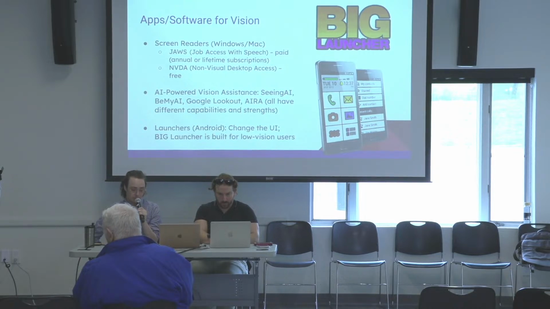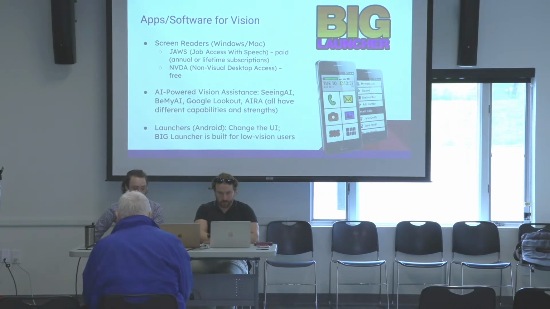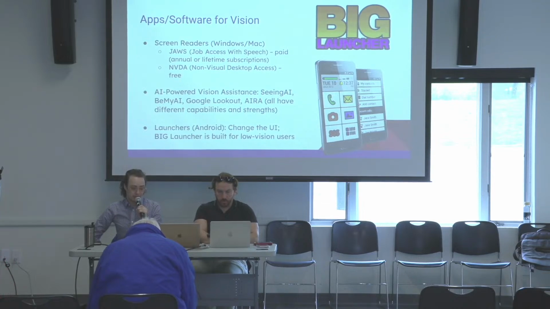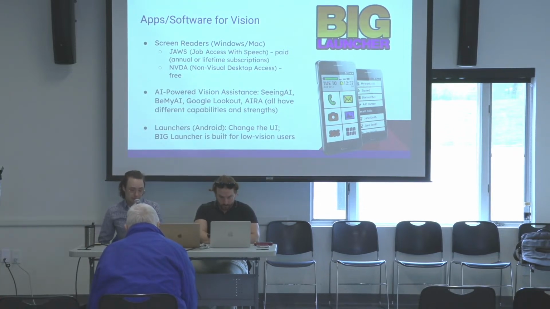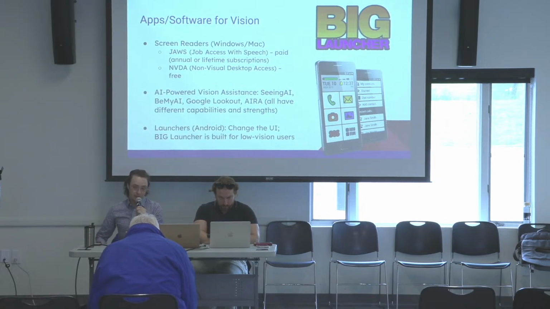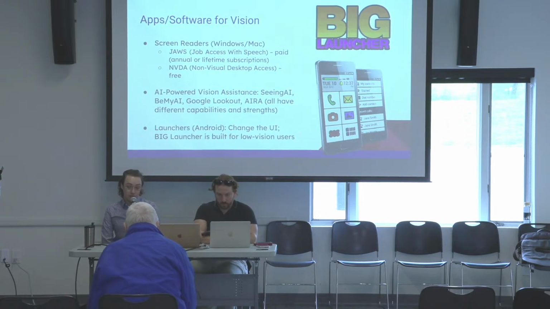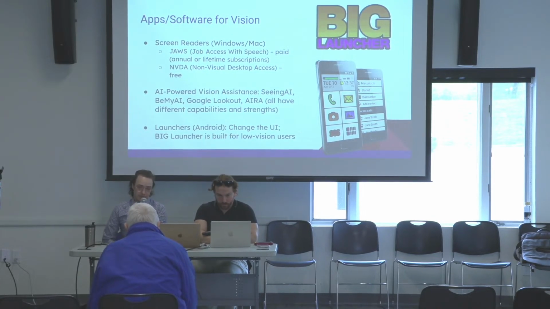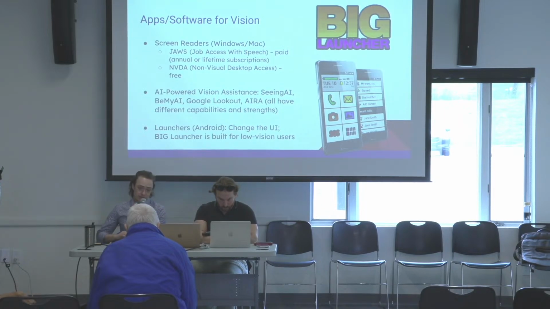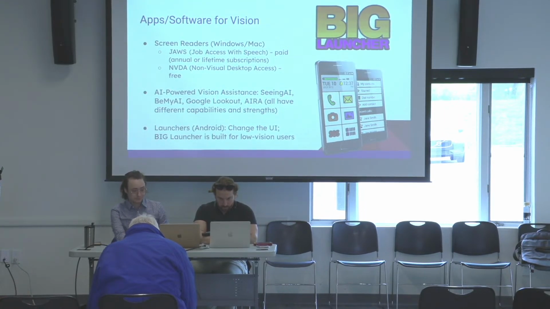So instead of the normal sort of Android look, it has very big icons for phone, text message, camera, pictures. I haven't tested this one because it came out quite a few years ago. But even if it's not this particular one that's working now, there are definitely other launchers that are made for people with vision impairments in mind, or people who are just looking to simplify everything on their screen, so there are not as many distractions.